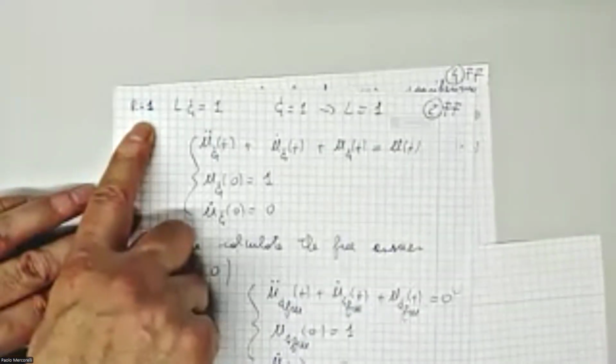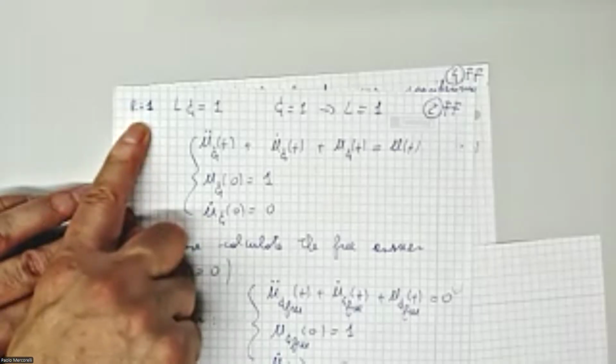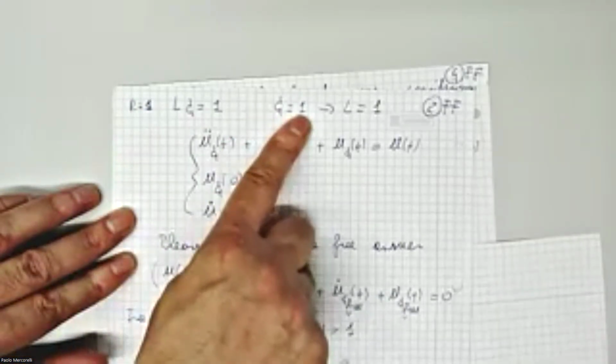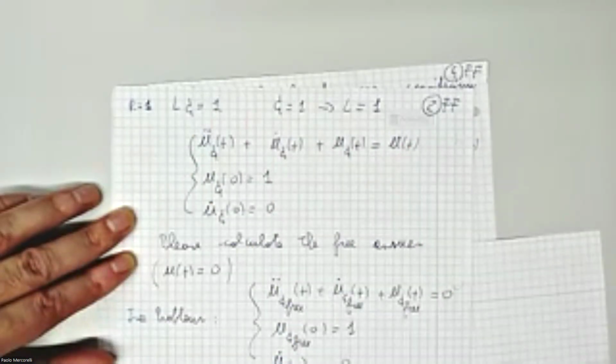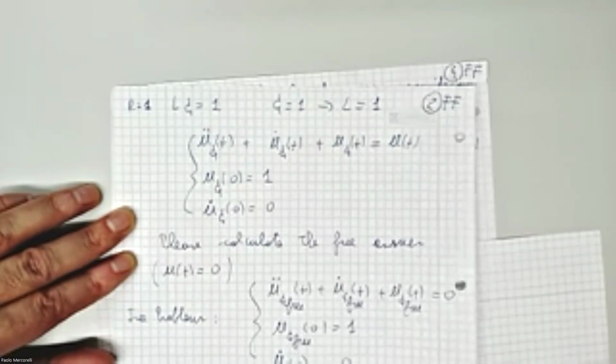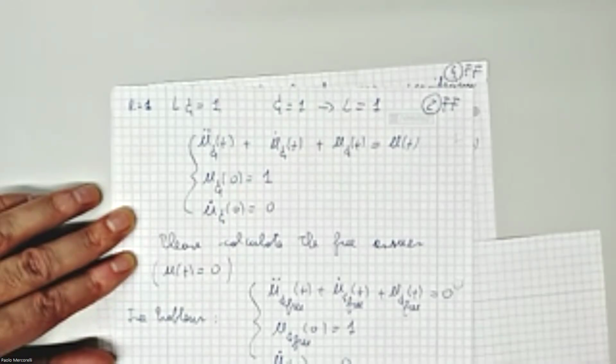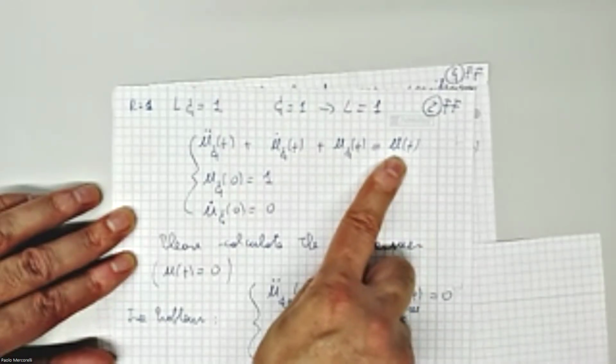And look, if I consider this particular choice, R equal 1, L equal 1, C equal 1, we have exactly this expression, which is basically the system which I would like to consider now, in which u of t is t multiplied sigma.